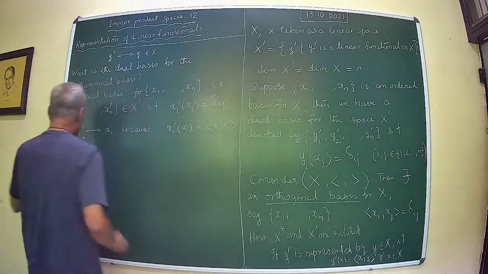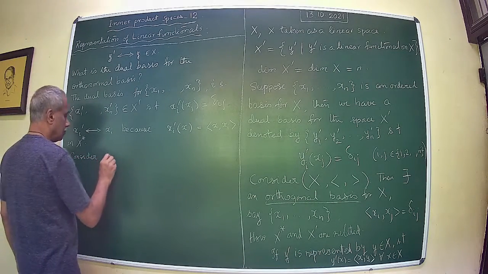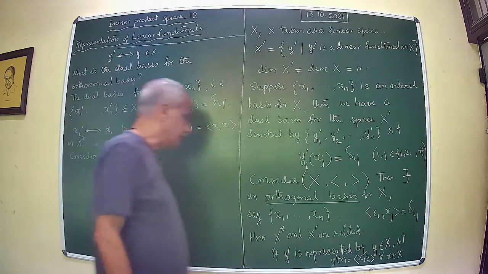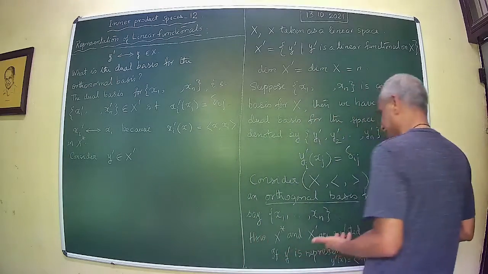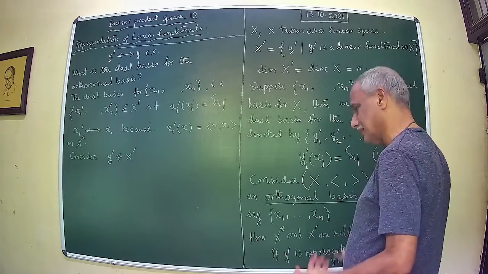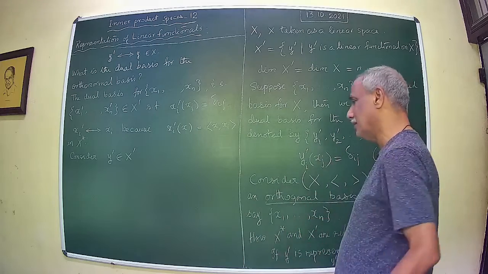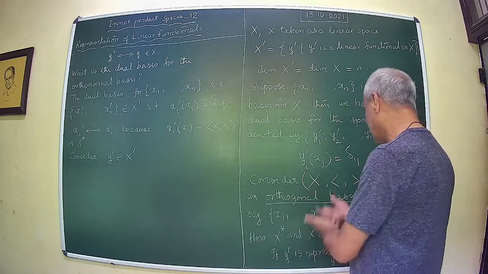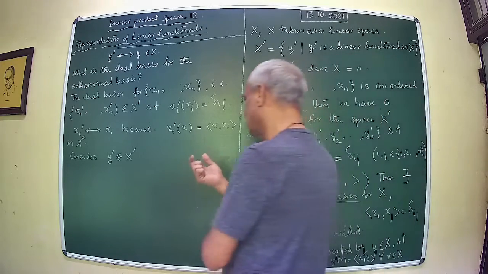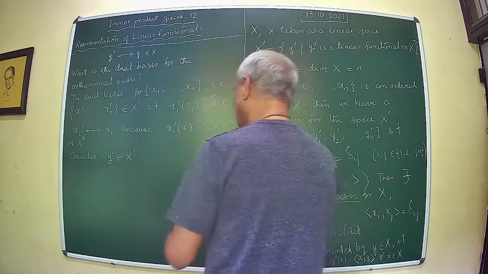So let us start with x prime. After all, as sets, they are the same. As linear spaces, they are the same. The only problem comes because you don't have an inner product there. You don't have an inner product here, but you have an inner product here. That's the difference. Okay. So you take y prime belonging to x prime.